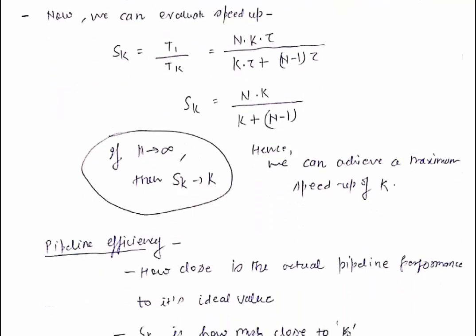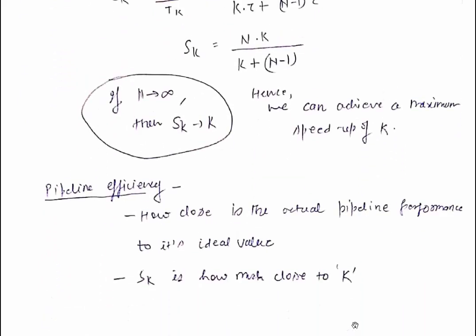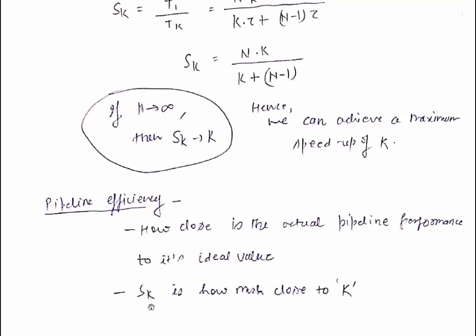Now how can you evaluate the pipeline efficiency? Pipeline efficiency means how close the actual pipeline performance is to its ideal value. That means how close your Sk is to k. You should be getting the speed up of k, but your actual speed up is Sk.